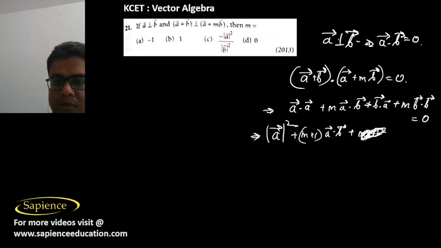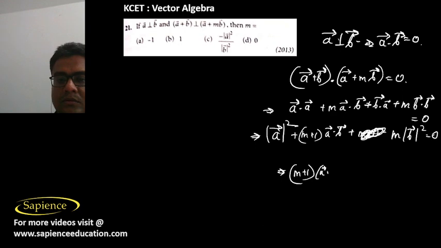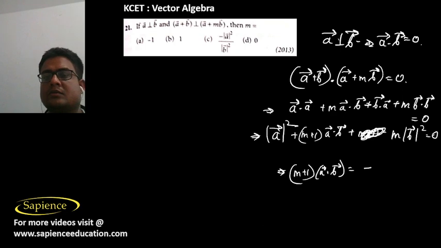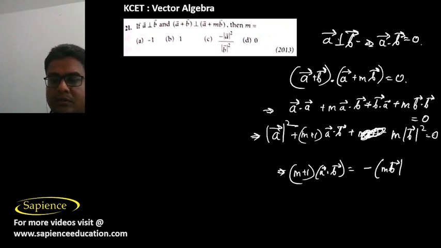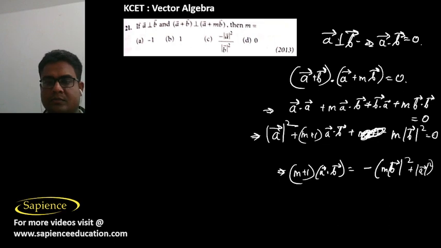So this is M into mod B whole square. Therefore, M plus 1 into A dot B is equal to minus of mod A square plus M mod B square, and A dot B is 0.